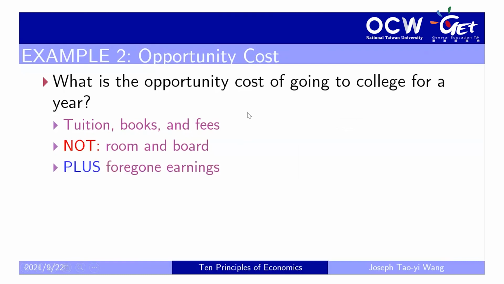Okay, but what else? The other opportunity cost that you usually forget is your foregone wages. You could have gone 4 years to work and earn a monthly salary. Or you could actually start your own business and become a billionaire. But you're giving that up to study in college.